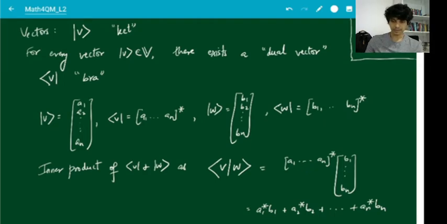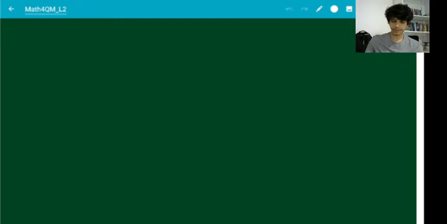Now I've called this the inner product. There is actually a more formal definition of the inner product, or rather defining properties, I will call them.